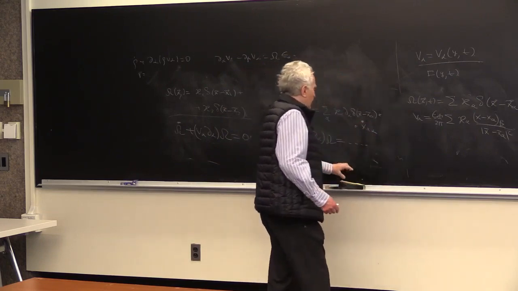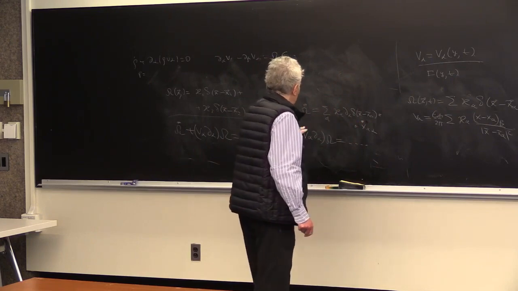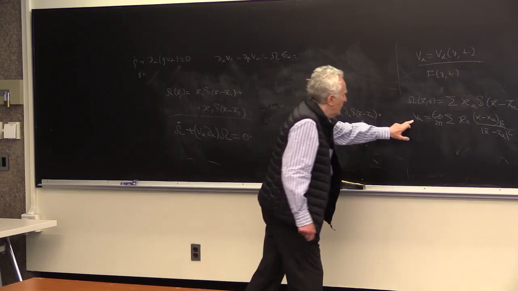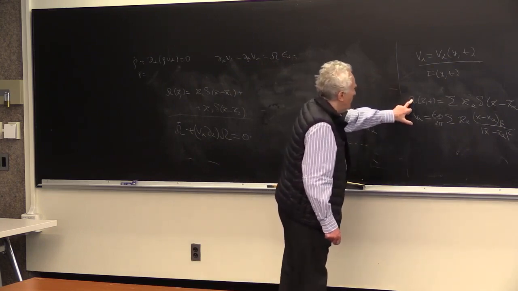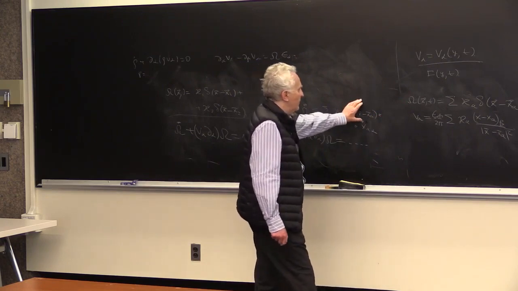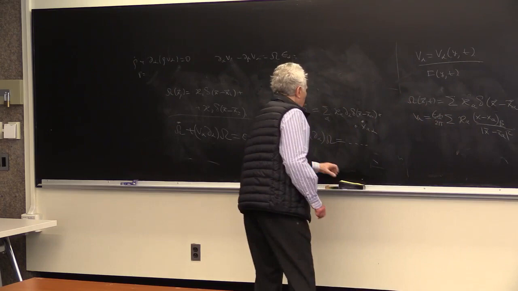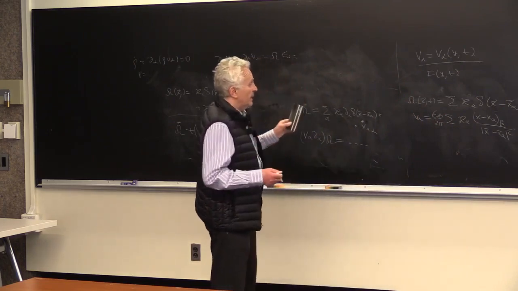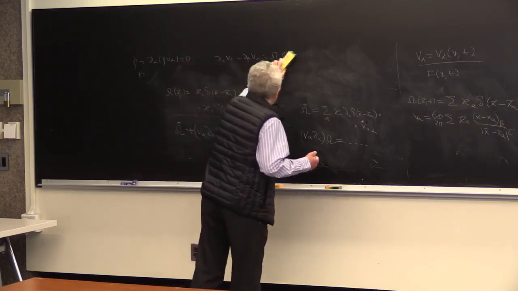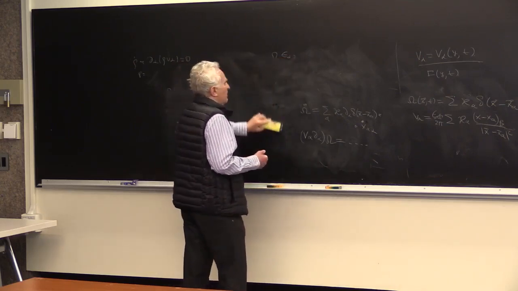So again, the rigorous technique would be to multiply this by the derivative of omega and compare the coefficients at the derivatives of the delta function. But the answer is so simple that it's better to start from it, or to guess it from the very beginning.